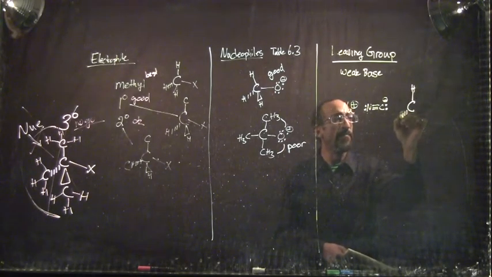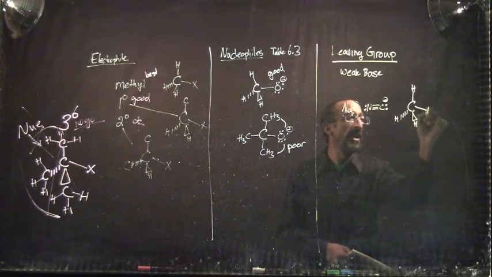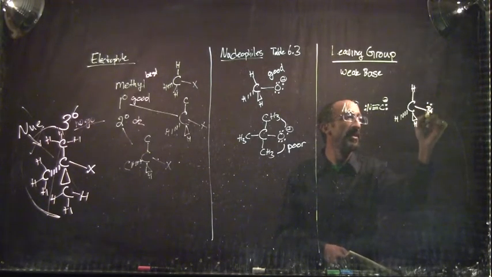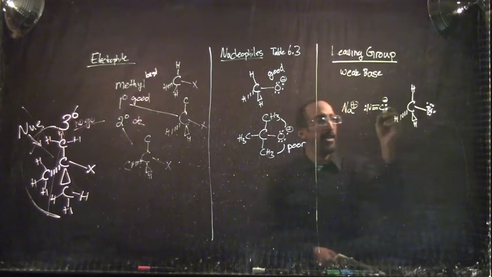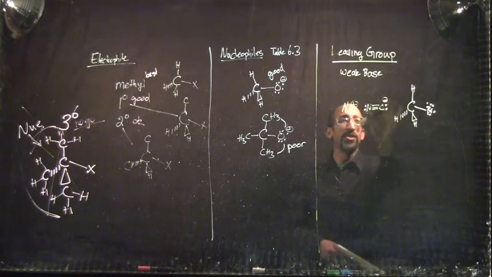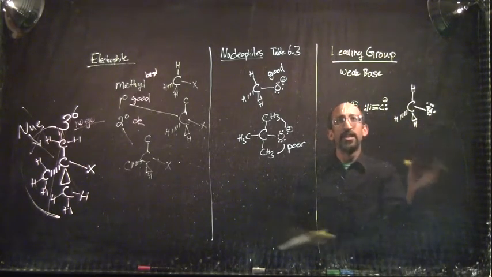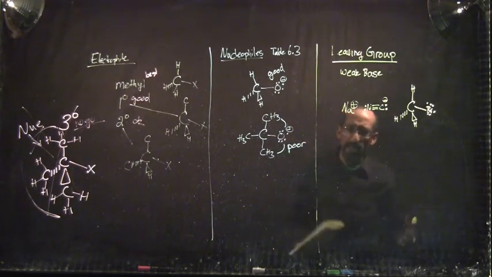So there's my methyl, and there's my bromide. So here now, bromine is my leaving group. So if I want to think which of these two, my nucleophile or my leaving group, is going to be the weaker base, I do my standard pKa kind of an assessment.